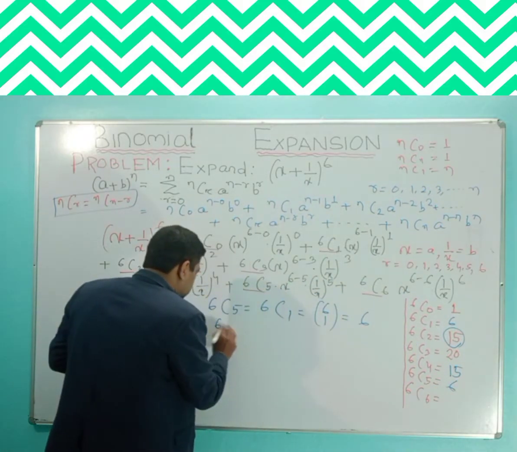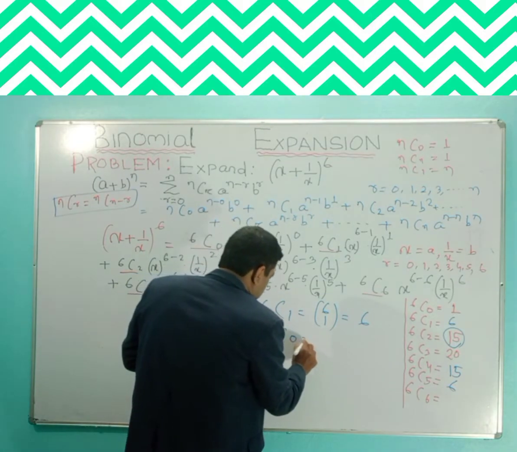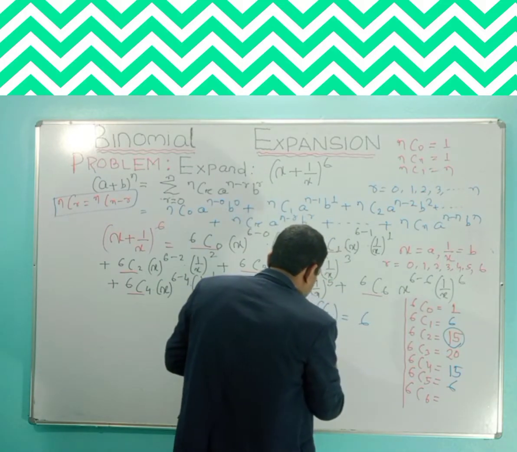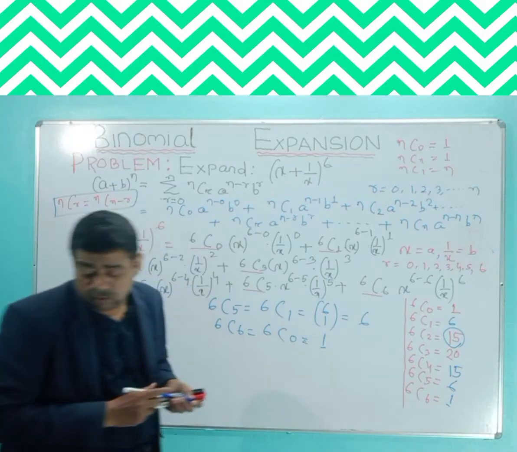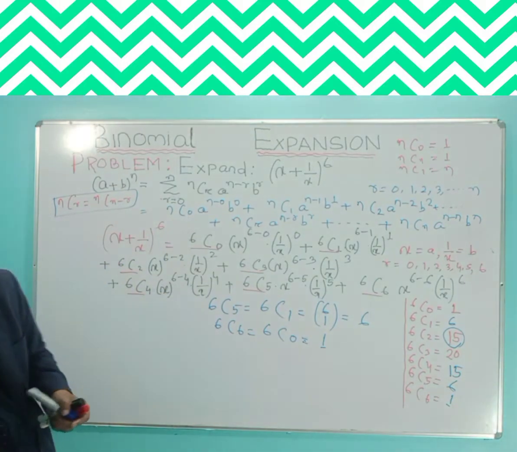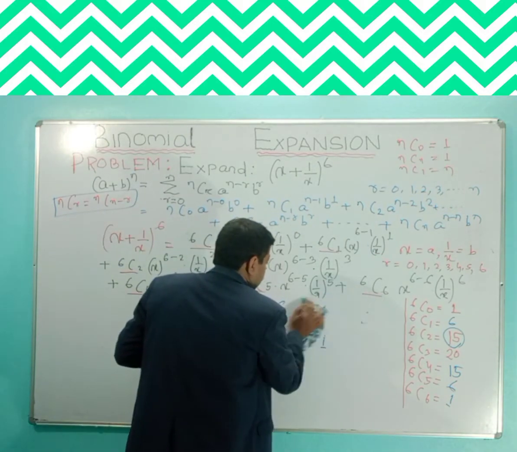And 6c6 is 6c(6 minus 6), which is 6c0, and the value is already 1. These are the binomial coefficients.